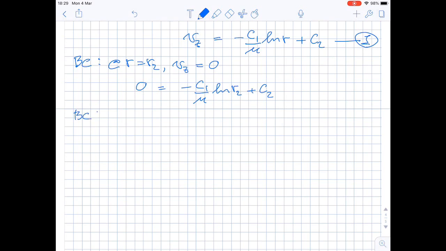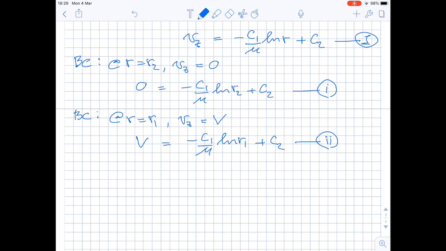Another boundary at R equal to R1, Vz is capital V, or velocity of the wire. Replace into the first equation, you end up with this one. So we have equation 1 and equation 2, two variables C1 and C2.